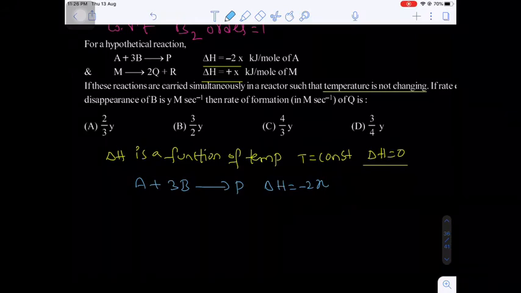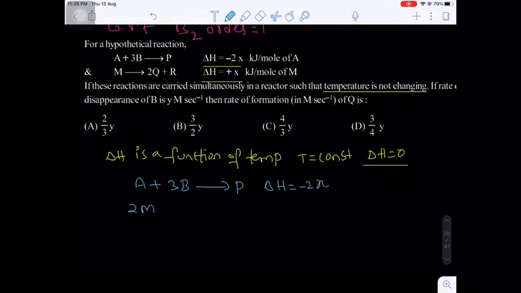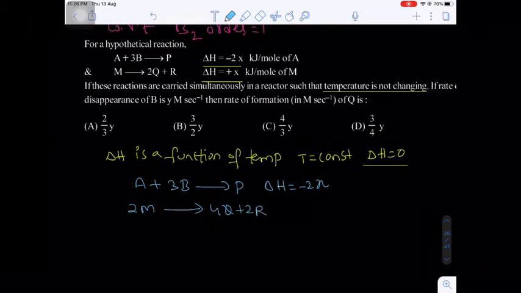Now the second equation: I am multiplying with 2, because then you get plus 2x in the second expression and minus 2x in the first, and by adding these two you will get the net delta H value 0. 2M will give 4Q plus 2 times R.